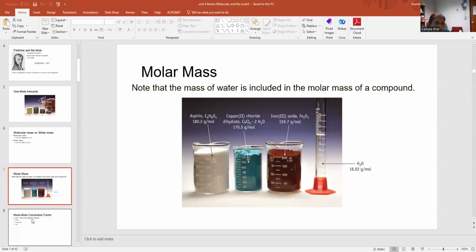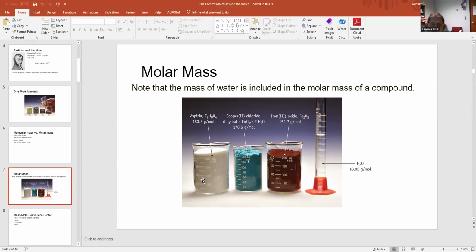Now, sometimes when we are calculating the molar mass of compounds, the compound has water included in its formula. In that case, we have to add up these molar masses a bit slightly different. For example, aspirin C9H8O4 has the molar mass of 180.2 grams per mole.